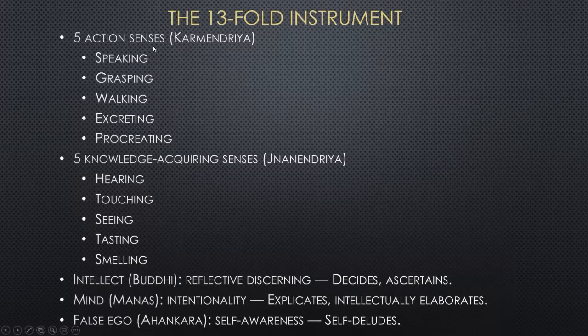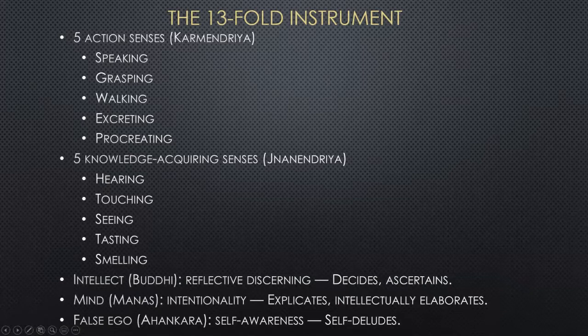The 5 action senses are speaking, grasping, walking, excreting, and procreating, while the 5 knowledge-acquiring senses are hearing, touching, seeing, tasting, and smelling. And then there is the internal organ, or the antahkarana. This internal organ, we generally just call the mind.